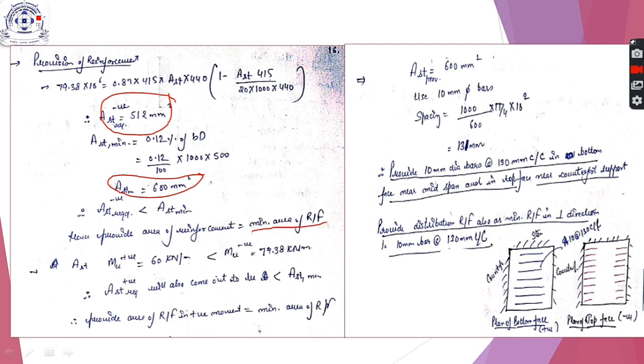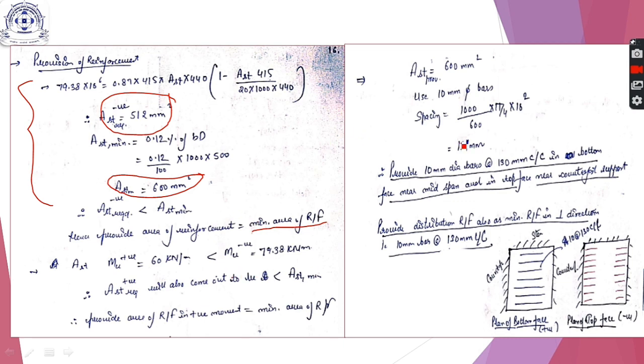I am not doing the same step for Mu positive, because here Mu positive will be 60, so the AST will also be less than 600, and we will have to provide 600 mm squared there also. So in both cases, negative and positive, we take reinforcement equal to minimum reinforcement.